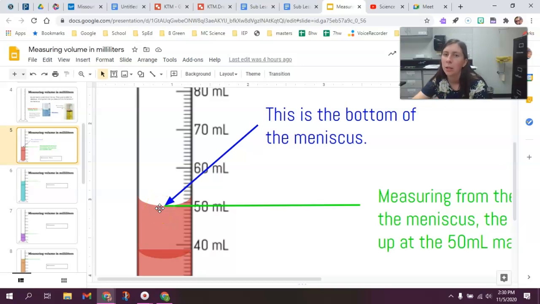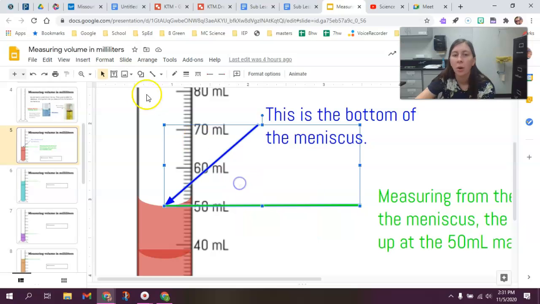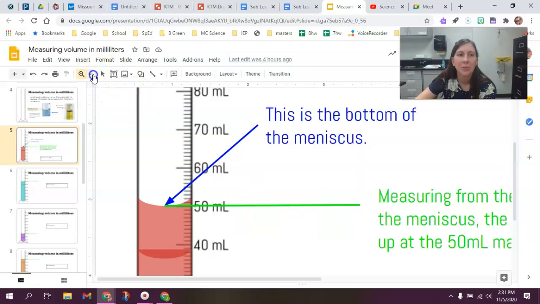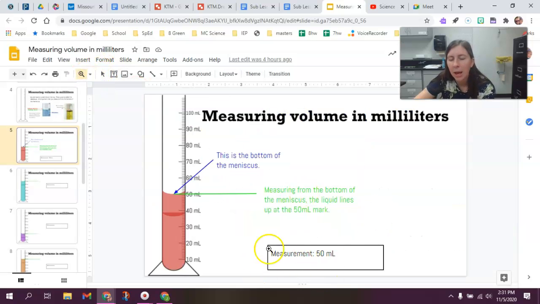So that will affect your results. This is a measure of 50 milliliters, not 52 milliliters. We're measuring from the bottom. So I said it's at the 50 mark. So down below, we have a measurement is 50 milliliters.